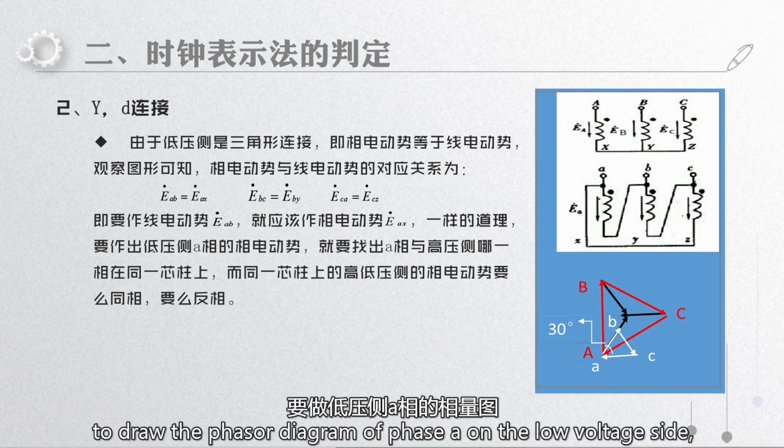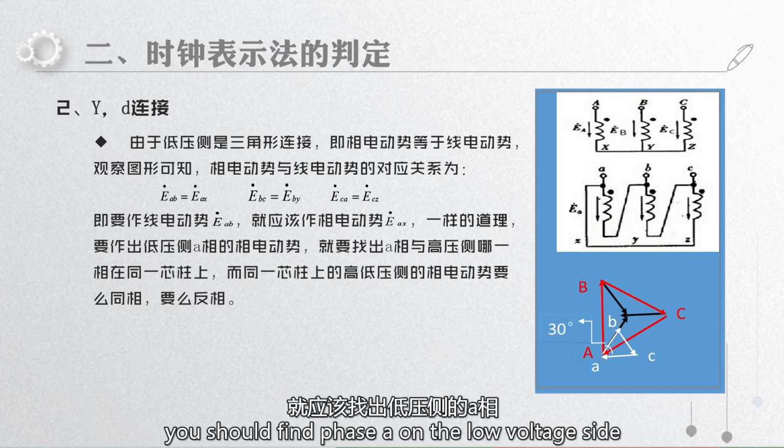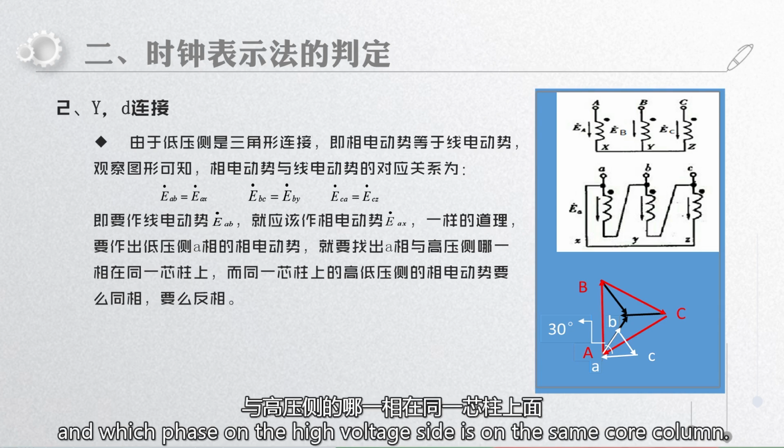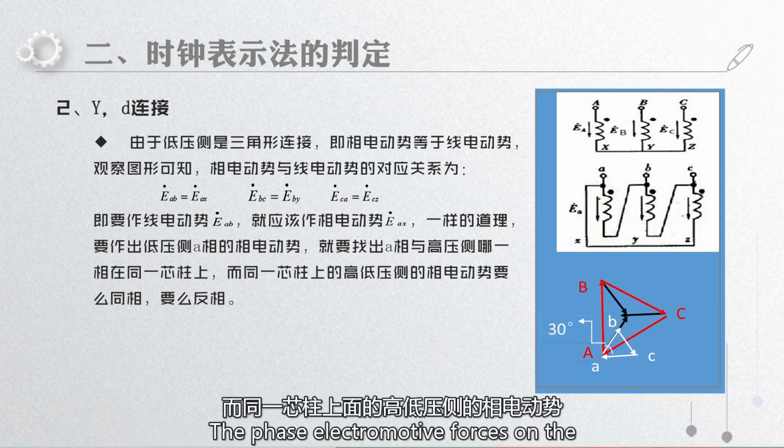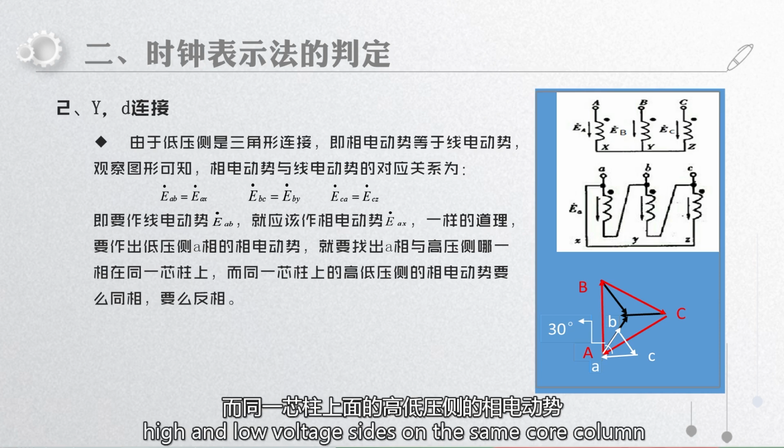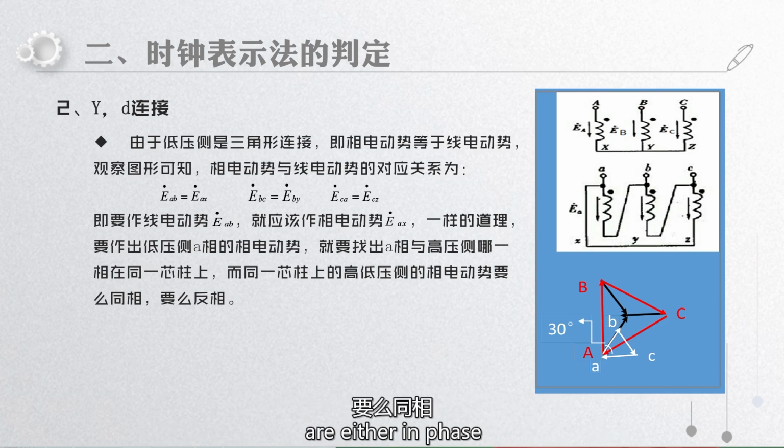Similarly, to draw the phasor diagram of phase A on the low voltage side, you should find which phase on the high voltage side is on the same core column as phase A on the low voltage side. The phase electromotive forces on the high and low voltage sides on the same core column are either in phase or out of phase.